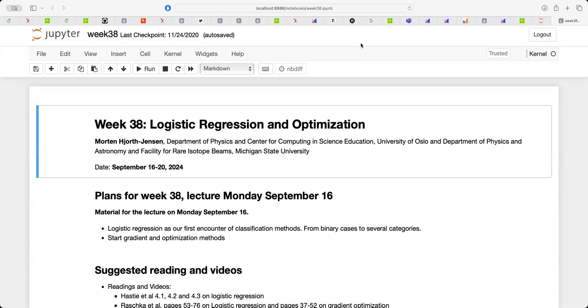Now, today, the topic is about logistic regression, which is our first encounter with classification problems. Till now, we have been basically looking at how we can fit a continuous function. But machine learning and making predictions and making fit to data is not only about fitting a continuous function.